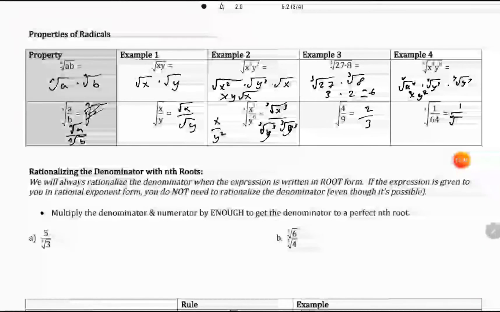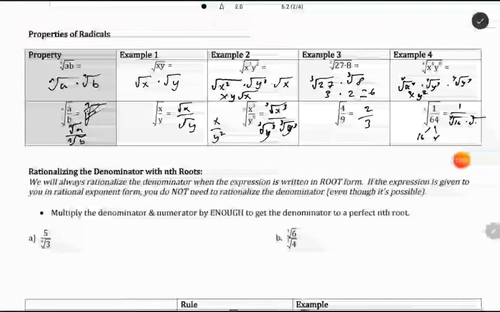the fourth root. So right now I'm breaking 64 down into numbers that'll give me a perfect fourth power. A perfect fourth power would be 2 to the fourth, which is 16, and that is 4 right there. So this is the fourth root of 16 times the fourth root of 4. Up top we have 1.